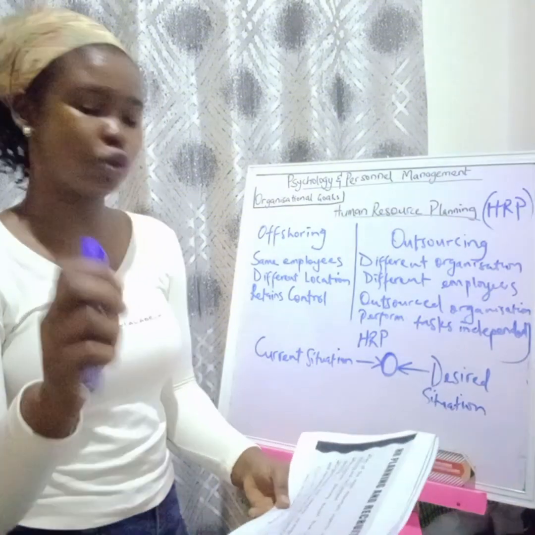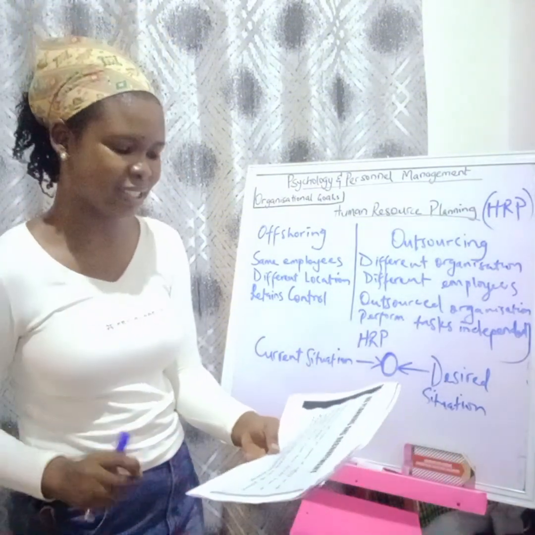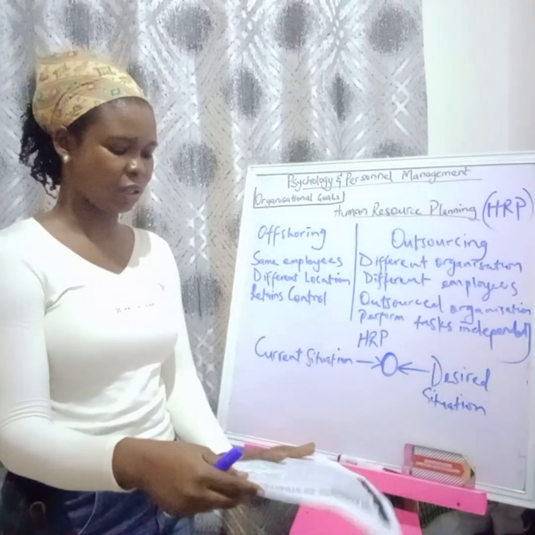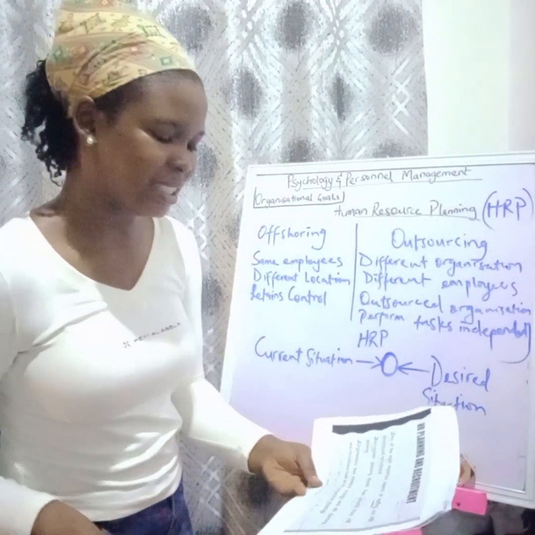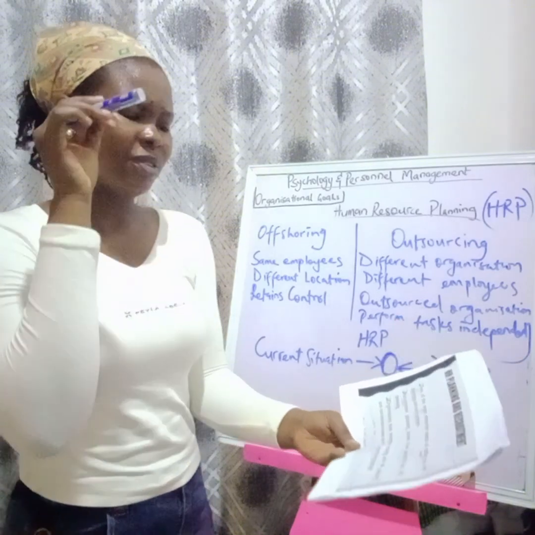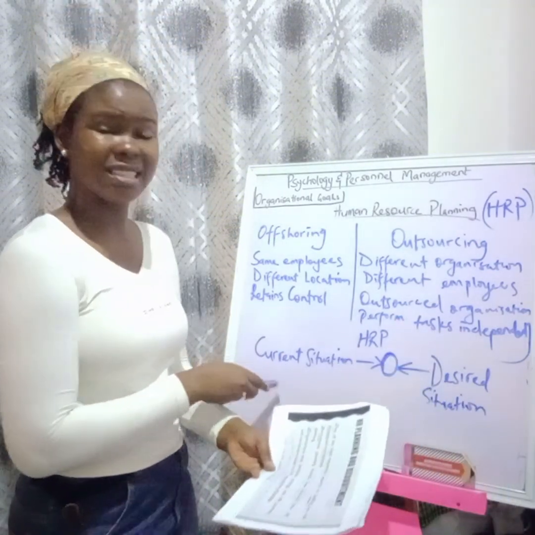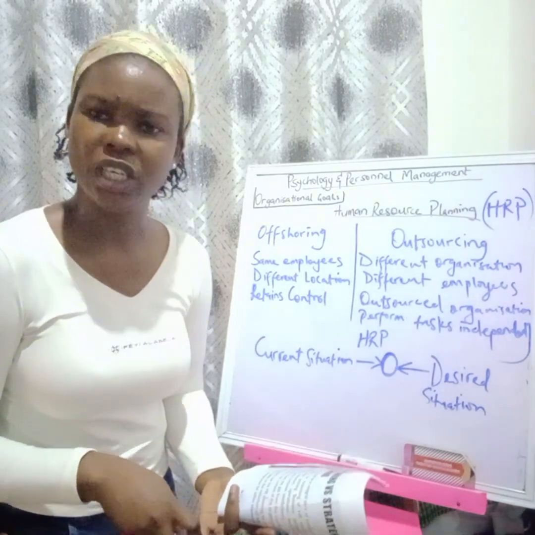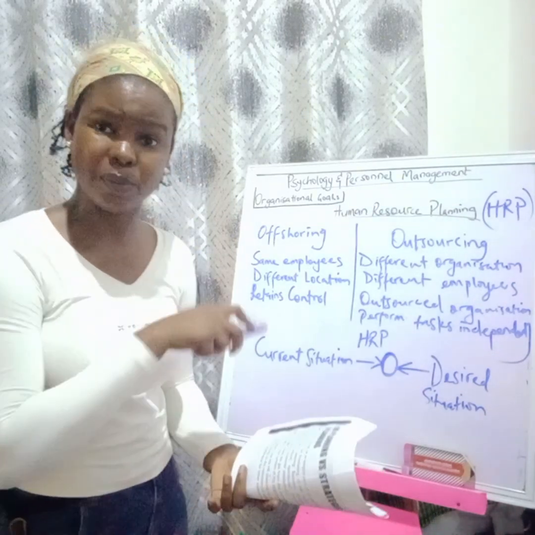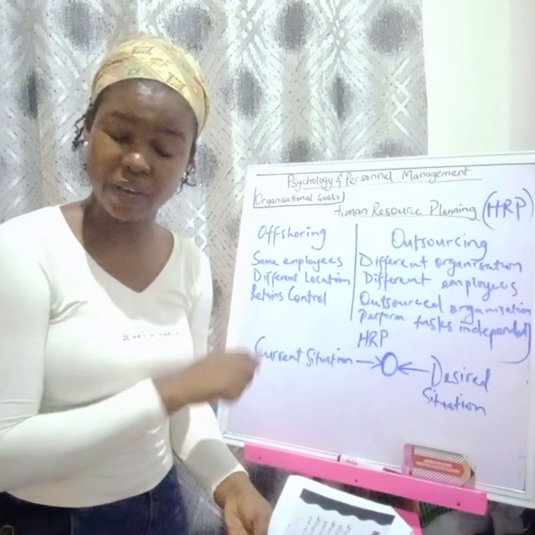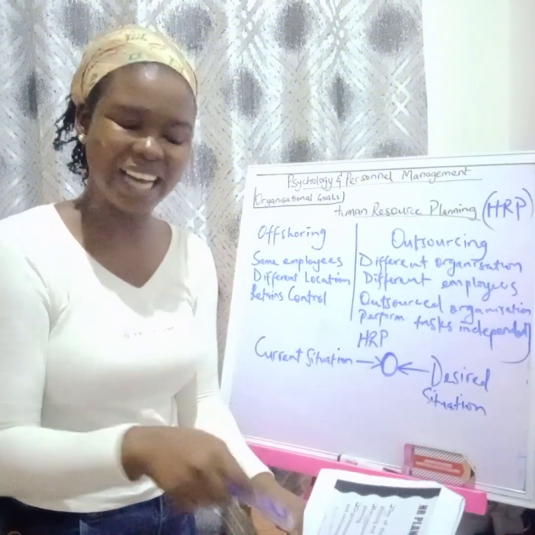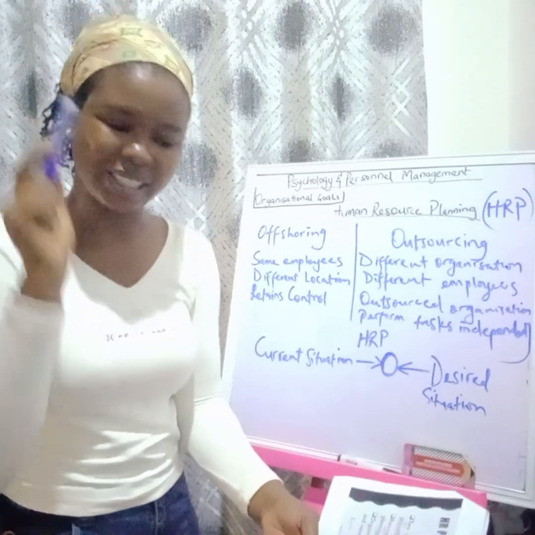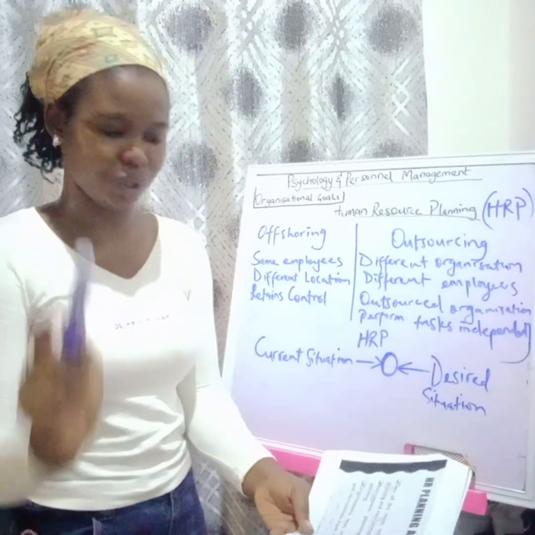Now, two of the most important aspects of HRP are strategic planning, the one we just talked about, and recruitment. In the aspect of staffing, HRP plans and recruits. We need the right caliber, the right knowledge, skills, and abilities that we explained in the definition of HRP, so we have to plan and recruit the appropriate staff.